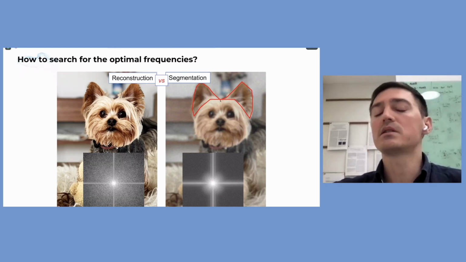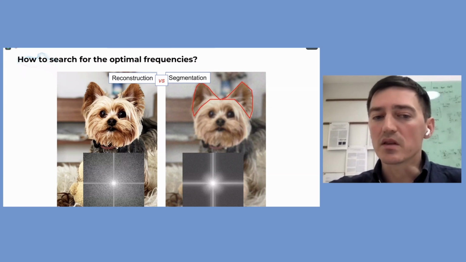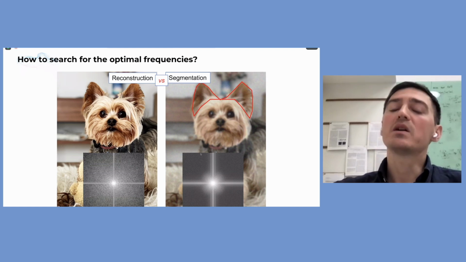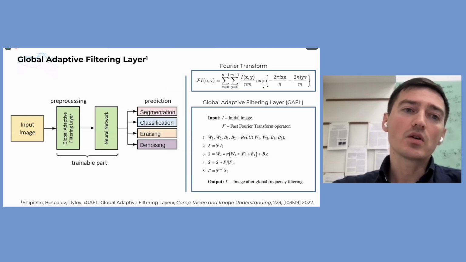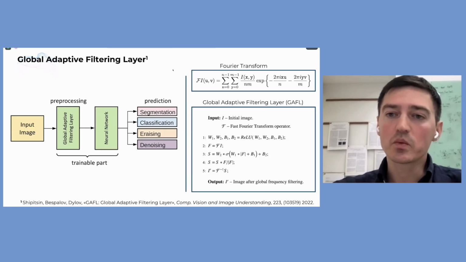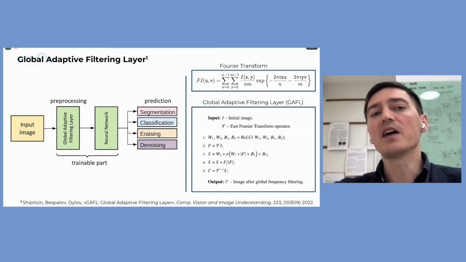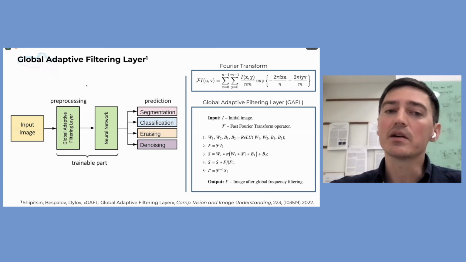What's the perfect segmentation quality, depending on the frequency decomposition of your scene? What frequencies do you need for your object of interest? So this is the layer that we proposed, and we called it GAFL, which stands for Global Adaptive Filtering Layer.